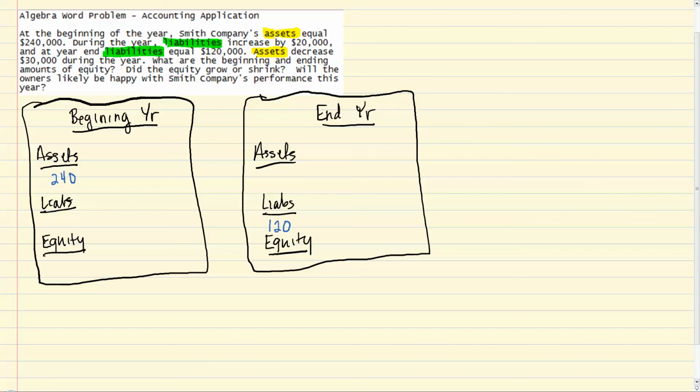So what that means is that from here to here, we're going to get an increase by 20. So I'm going to put plus 20 here and put a big circle around that.